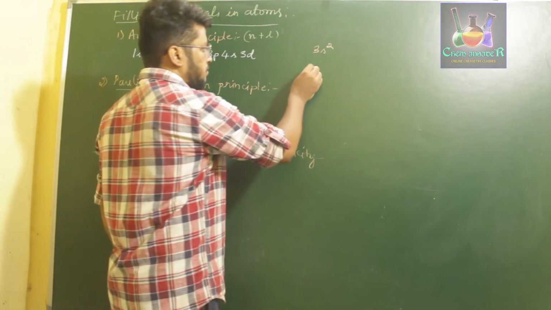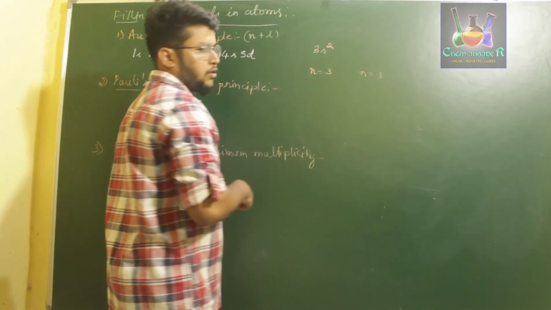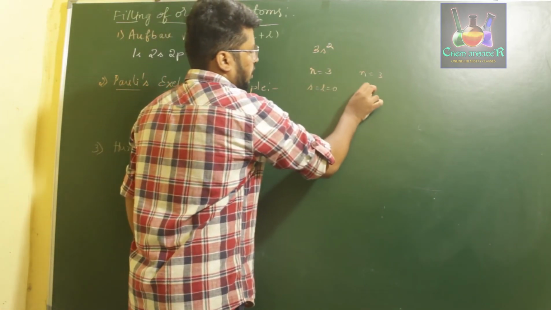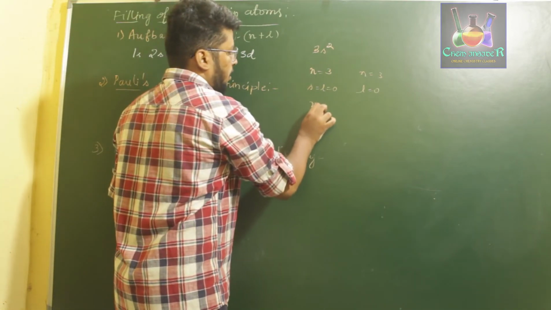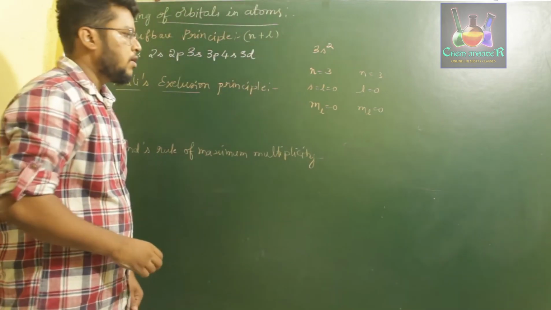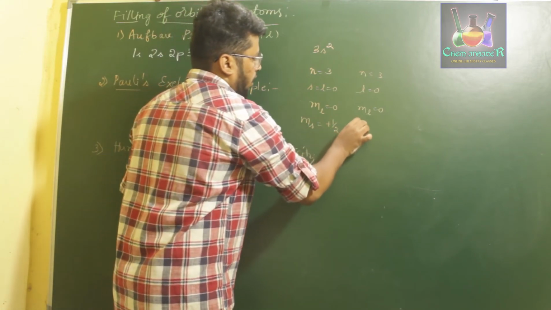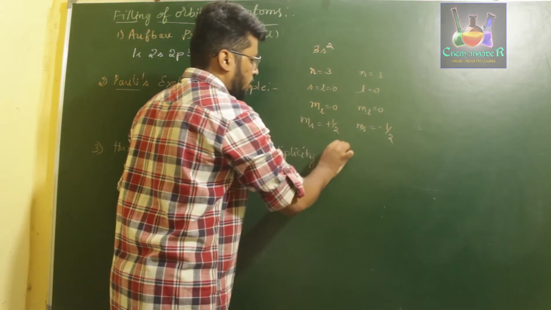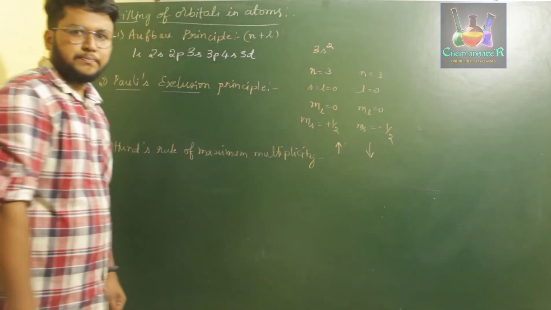Here n is equal to 3 for both electrons. l is equal to 0 for both electrons. The magnetic value again is the same, ml will be 0 for both. But with the spin, ms for one electron will be plus 1 by 2 and ms for the other electron will be minus 1 by 2. That is, one electron will be in the upspin and the other in the downspin.